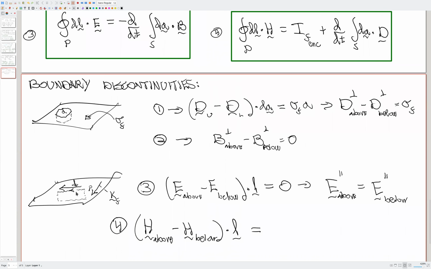But you see, if I'm like this, then there is an enclosed free current inside that little Ampérian loop, right? The surface is perpendicular to the little surface of my Ampérian loop. So there is a current going through this, and this current is proportional to L.